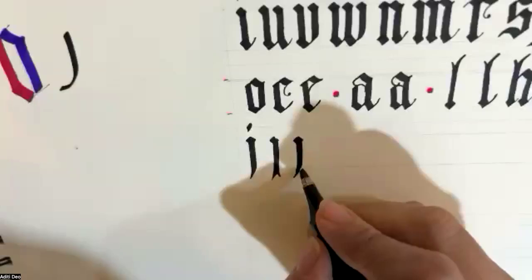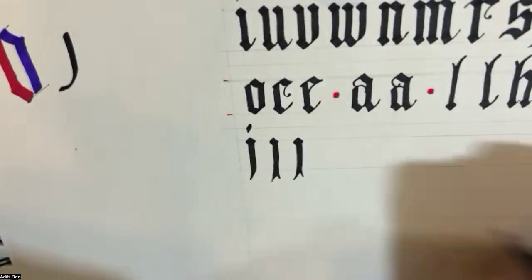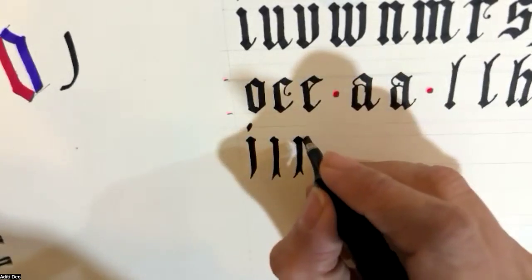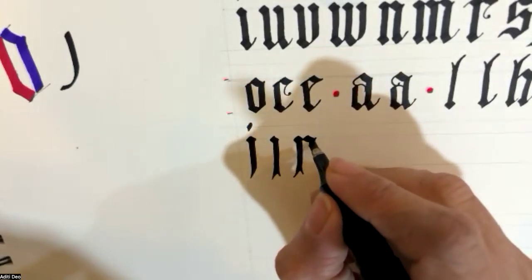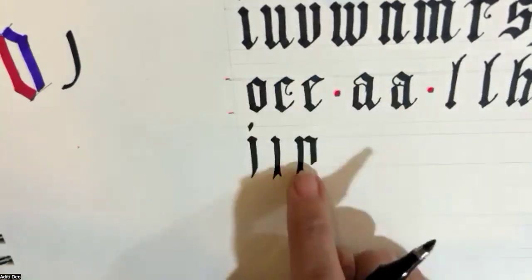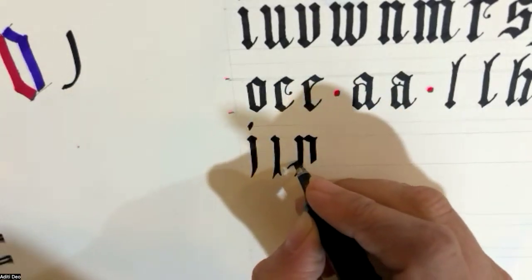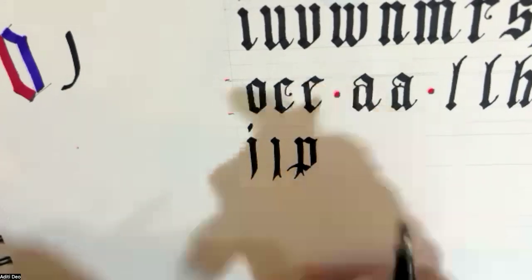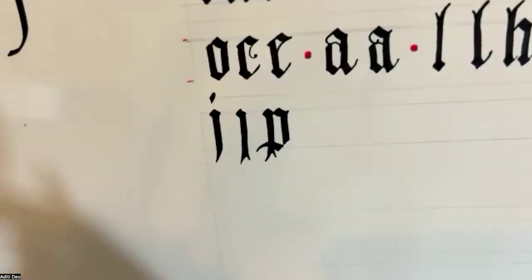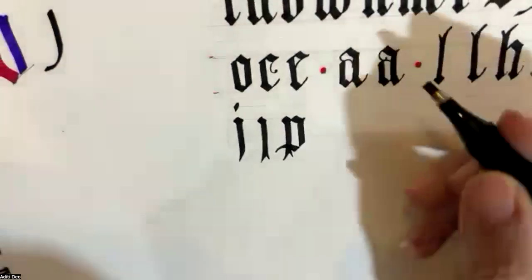Lift the pen, make a wedge, and then make the same shape that we did for the N, but don't make a foot. You will make this shape and come and seat it right next to the earlier shape.